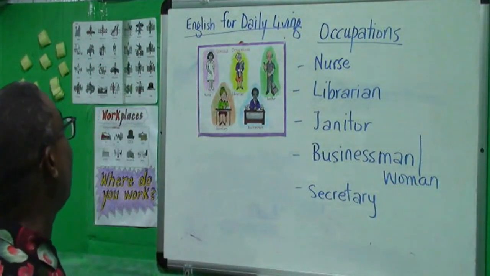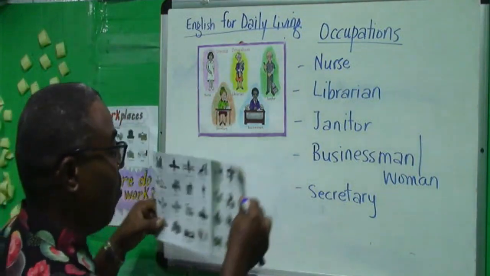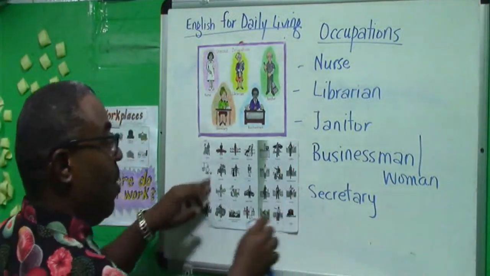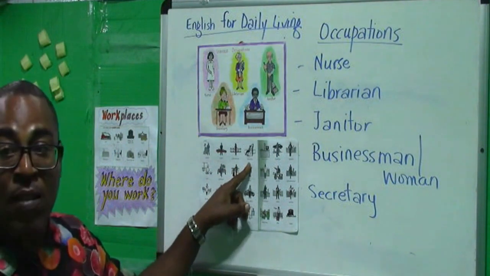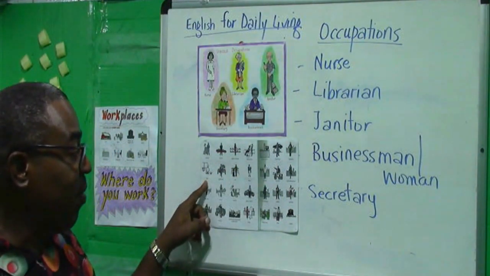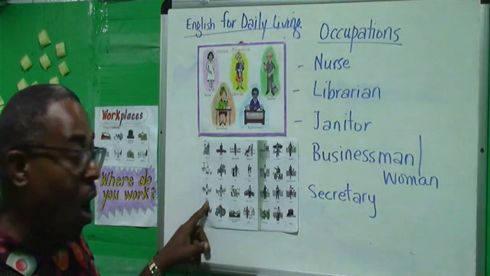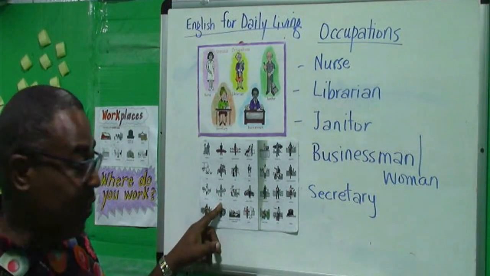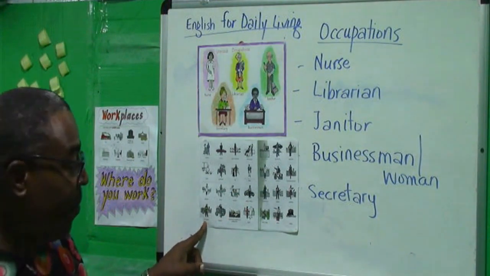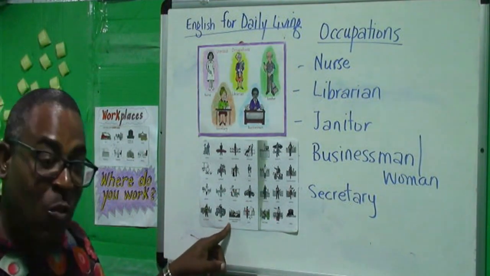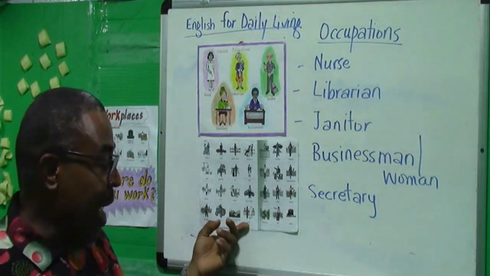Okay. On this flyer here, we have some more that we can talk about. So we have a cleaner, a driver, a sales assistant, a hairdresser, a chef, a gardener, a veterinarian, an actor, an actress, a doctor, a nurse, already mentioned here, a dentist, a police officer, a firefighter, a farmer, a construction worker, or in the United Kingdom, a builder, an artist.